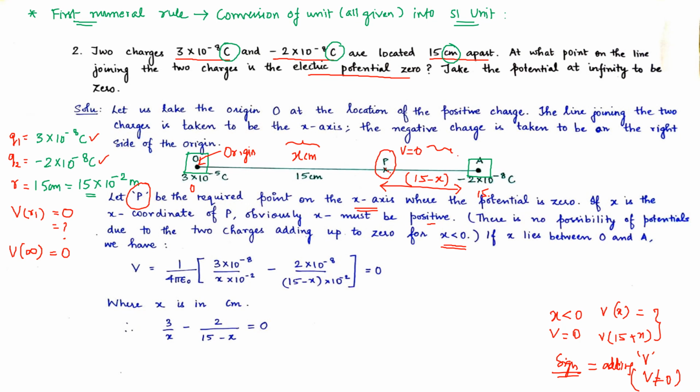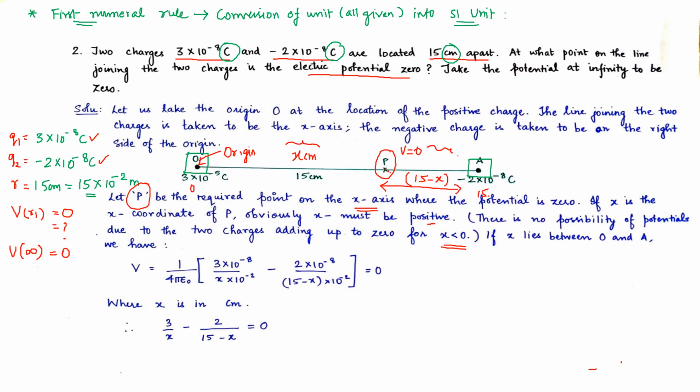Now what we are doing here is, if x lies between O and A, O is the point where our positive charge is kept and A is the point where our negative charge is kept.